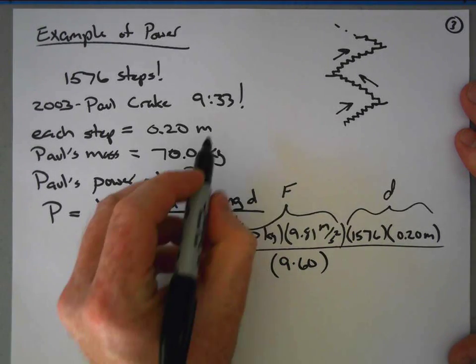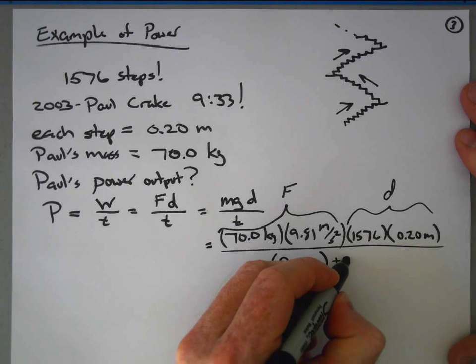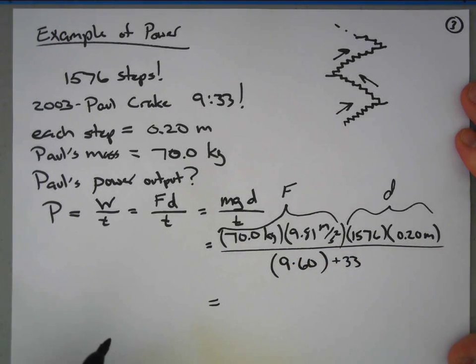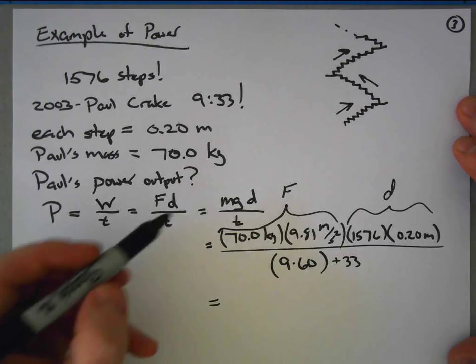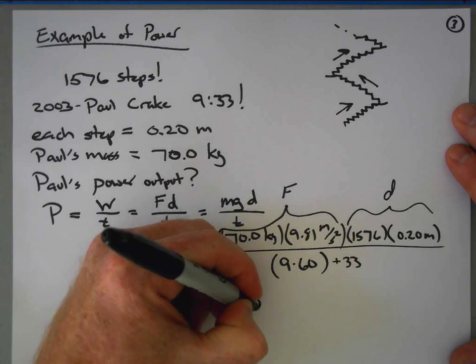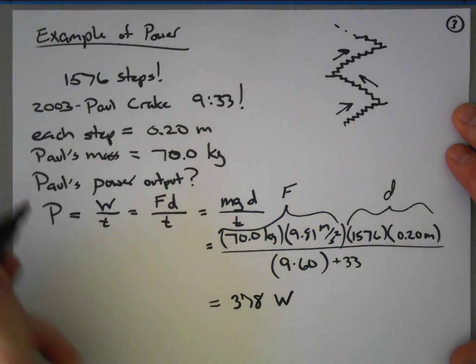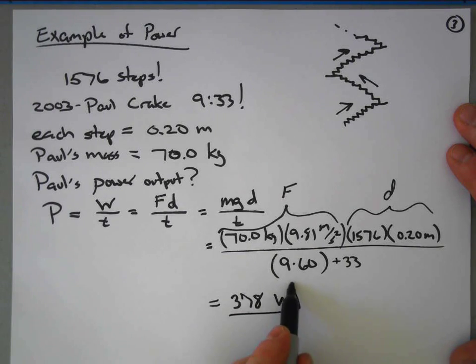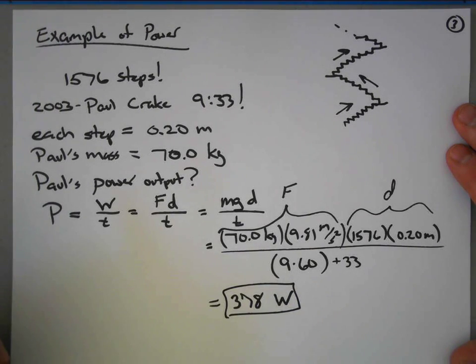But then I have to add back on the 33 seconds, right? So I got a bit of number crunching to take care of, and then what I find is that Mr. Craik was producing an average power output of 378 watts.